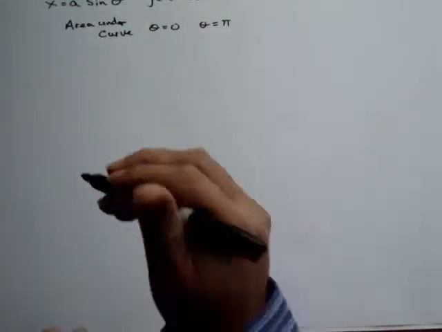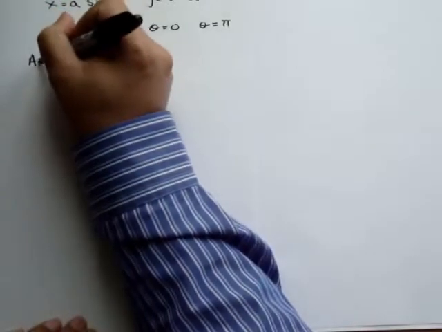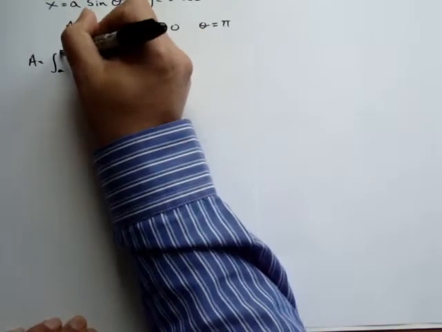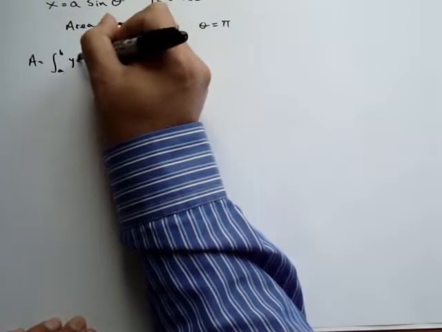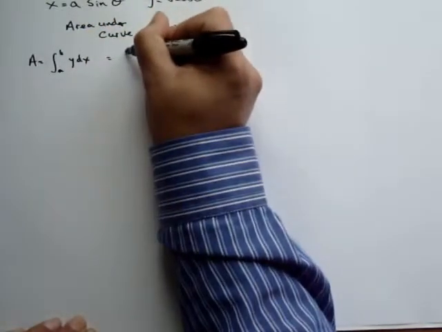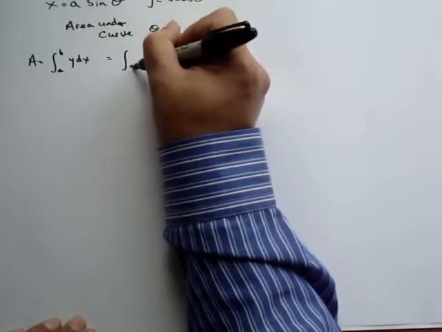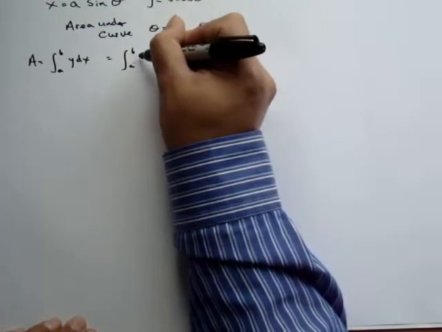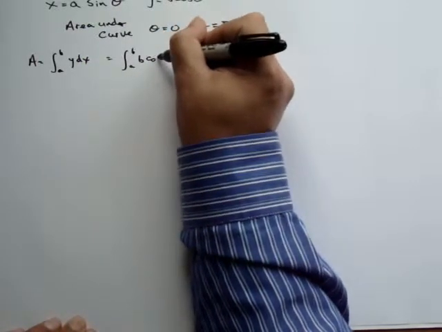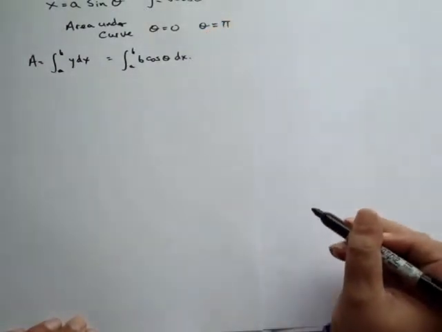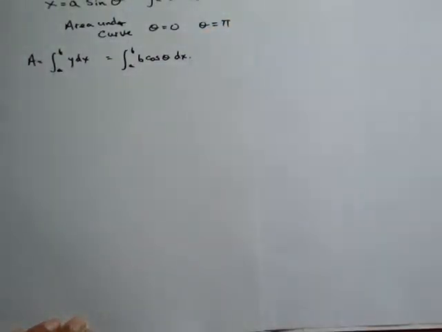So the area, as we said before, write it out, is the definite integral from a to b of y dx, and y here is b cos theta dx. Now we want to work out what dx is.